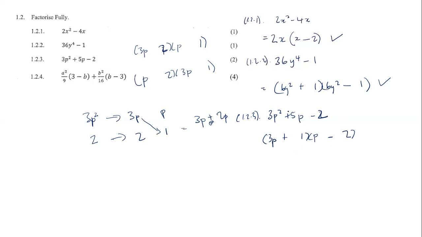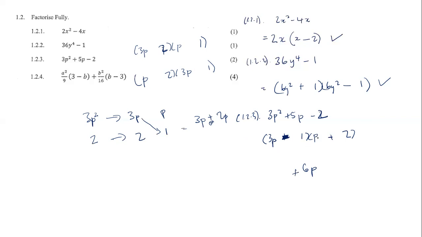You can prove it. Let's just determine the middle term only. To determine the middle term, you're going to say 3p multiplied by 2 is going to give you 6p, which is, I made a mistake. This positive is supposed to come here. Let me just do this. And then here it's supposed to be negative. Because 3p multiplied by 2 is going to give you positive 6p.